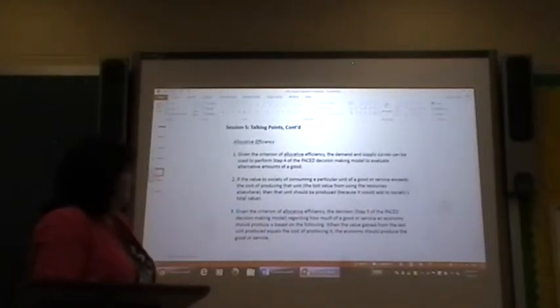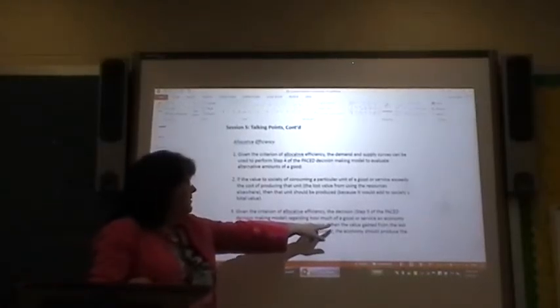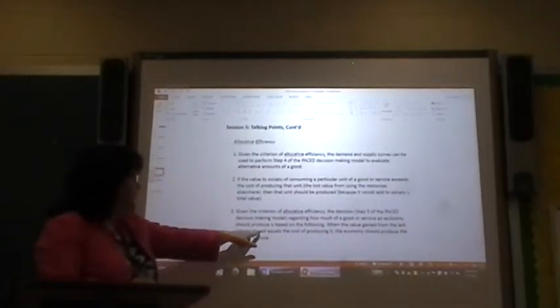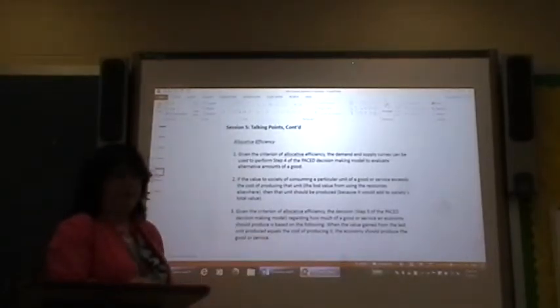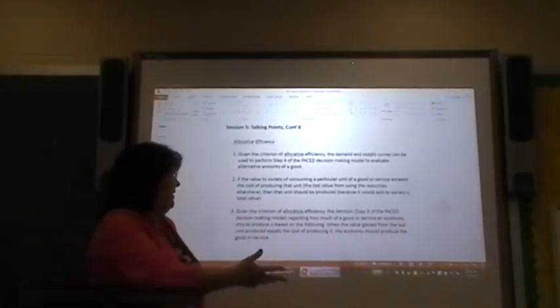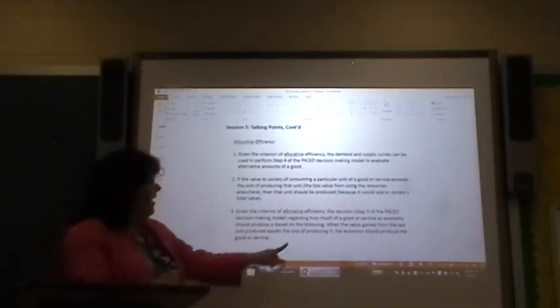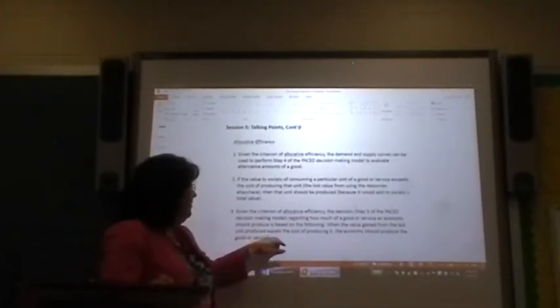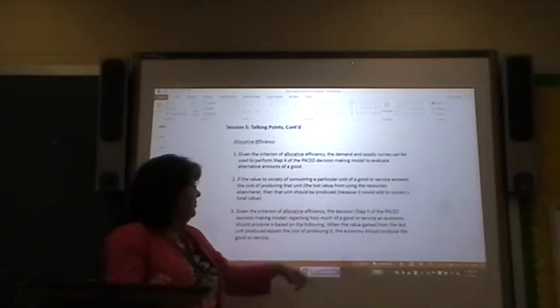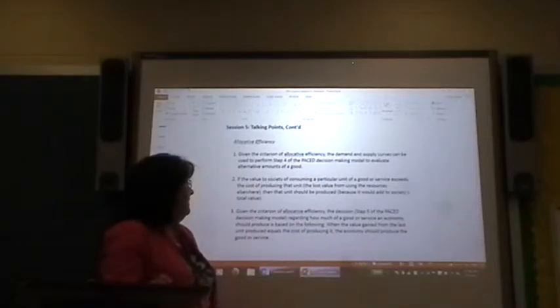Given the criterion of allocative efficiency, the decision-making model regarding how much of a good or service an economy should produce is based on the following. So, how much should you make? When the value gained from the last unit produced equals the cost of producing it, then the economy should produce the good or service.